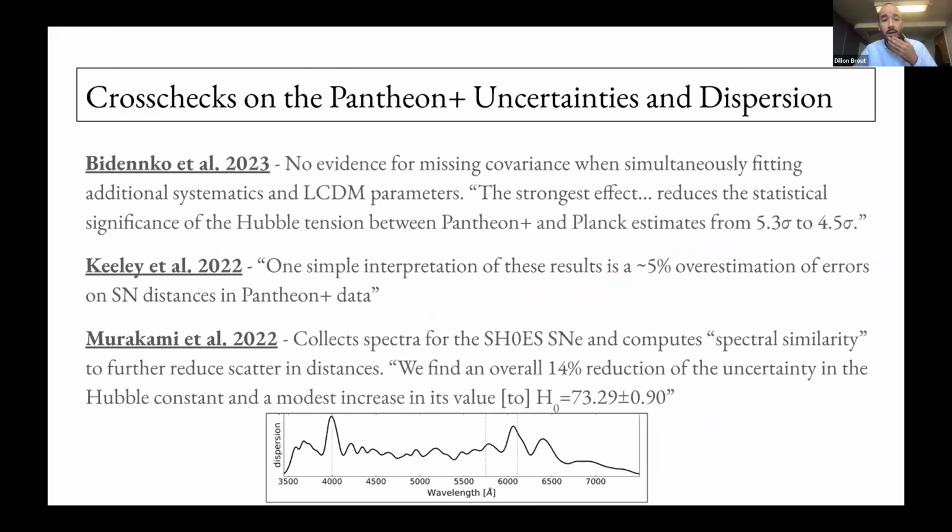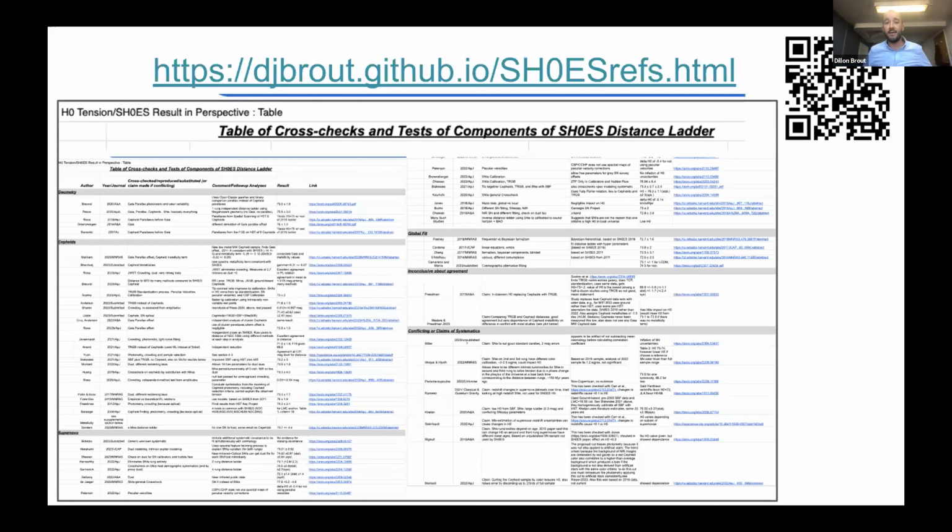And to save time, I'm going to breeze through. This is a good highlight for why this is such an important resource: you can basically use this website as a one-stop shop for the cross-checks that I've just been going through, the tests that have come out in the last couple of years.